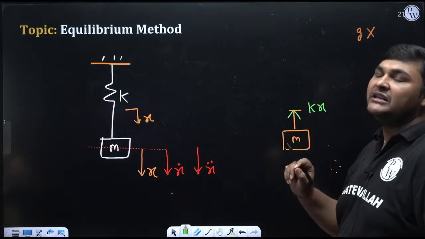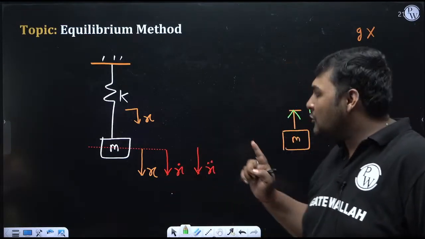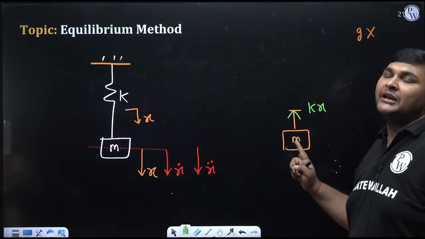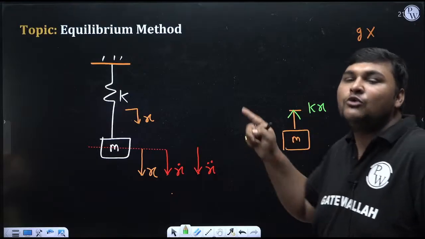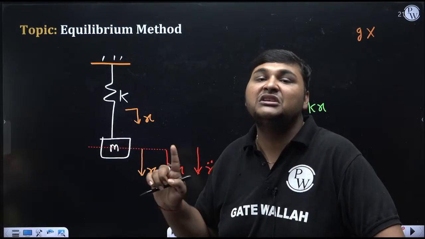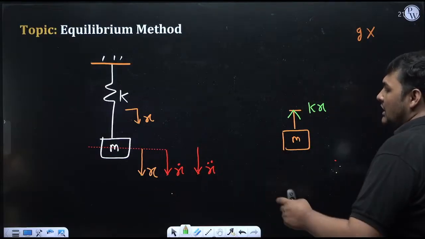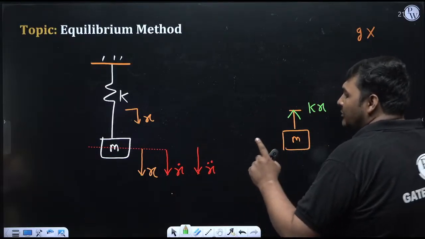When you are deriving an equation and considering inertia force, we can use D'Alembert's principle, which says that if you involve inertia force in any body, then after involving inertia force, the net force in the system will be zero. This is D'Alembert's principle. How can we draw inertia force? Inertia force comes for that body whose inertia is there.